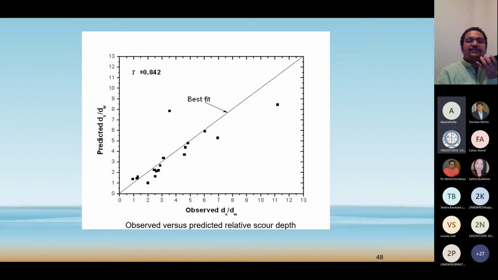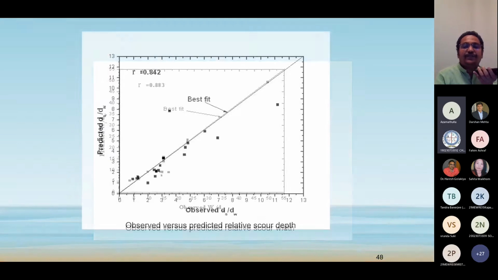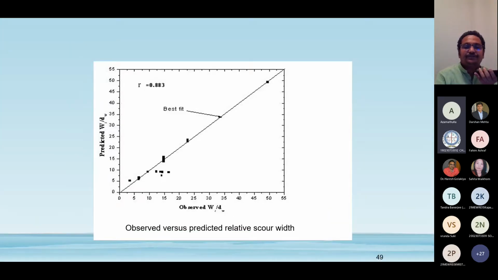This one is the perfect line between observed and predicted scour depth. This one relative depth, observed versus predicted for width of scour. You can also see for the lower range it's always under prediction. This is all for testing, which I have not used during training, meaning for regression model derivation. Okay, next please.